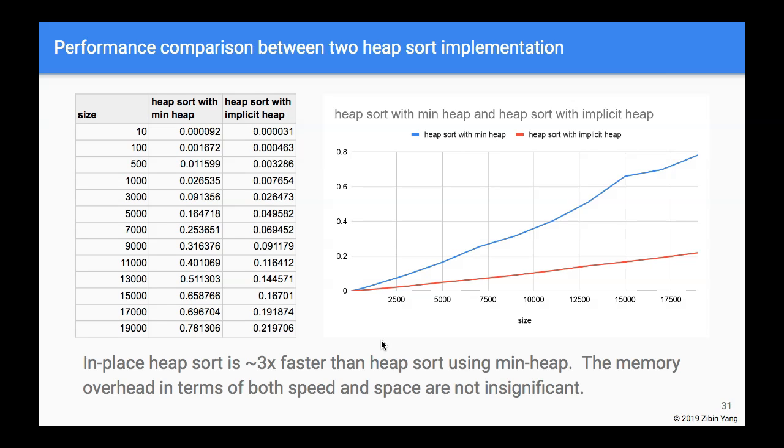And now that we have the in-place heap sort implemented, it would be interesting to see how its performance compares to our original heap sort that used an explicit min heap. And here is the performance number that I have on my machine. As you can see, the in-place heap sort is almost 3 times faster than the heap sort using an explicit min heap.